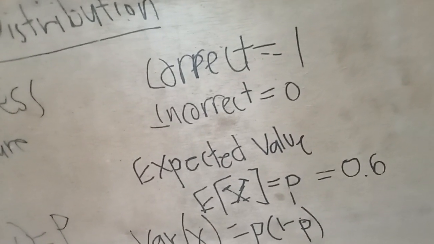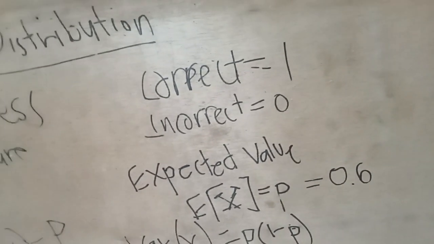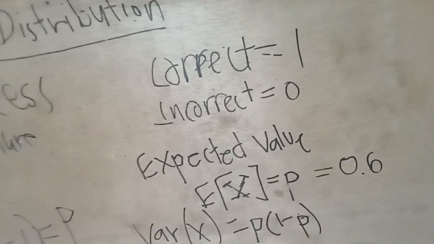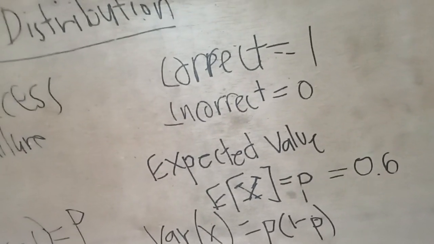When P is close to 0 or 1, the outcomes are more predictable, so the variance becomes smaller.